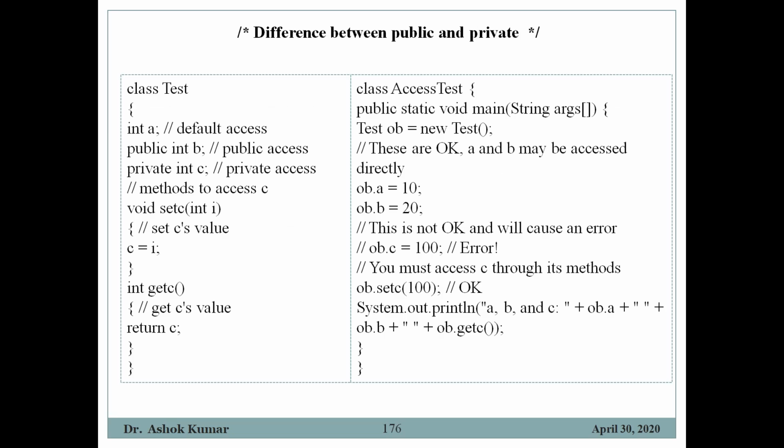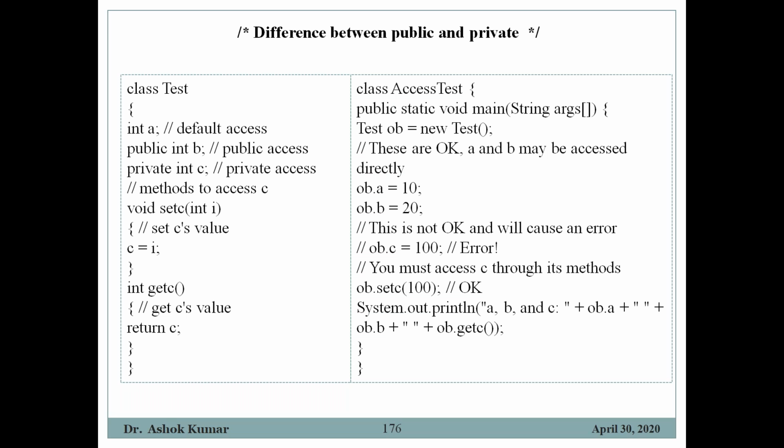So in this slide, we have one very simple example. There is a class named Test. In this class, there is one instance variable a, and we haven't mentioned any access specifier with it. So its access is default access, and default access is public within its own package.